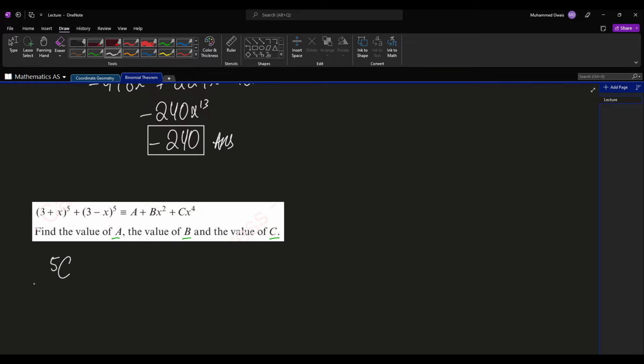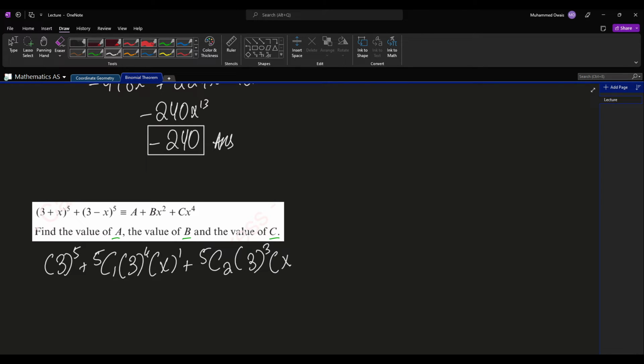3 power 5 plus 5c1. A is 3, which is 5 minus 1 powered 4. B is x powered 1 plus 5c2. It gives me 3, 5 minus 2 is 3.